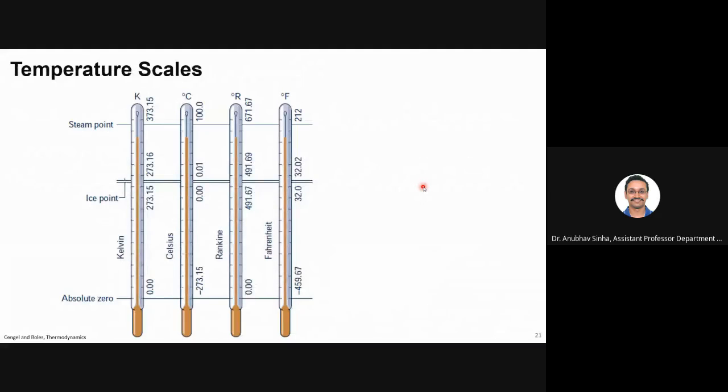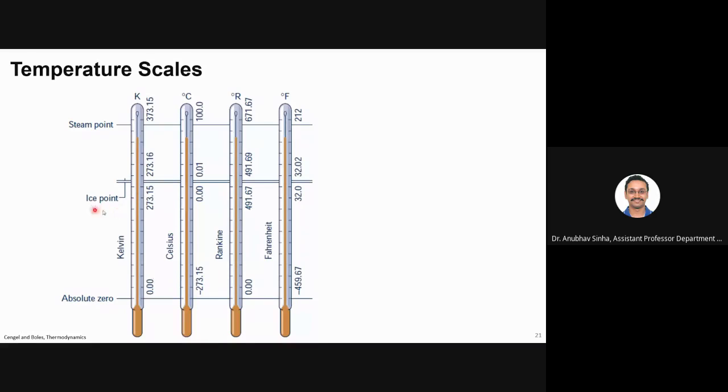Now let us look at the different temperature scales available. Generally we will be referring to the Kelvin scale for most of our calculations. Other common scales are Celsius and Fahrenheit. Rankine is not so commonly used, but you should know the temperature points here. You don't need to remember them, just remember the name Rankine. Basically, we calibrate using some standard points. One is absolute zero, which is 0 Kelvin.